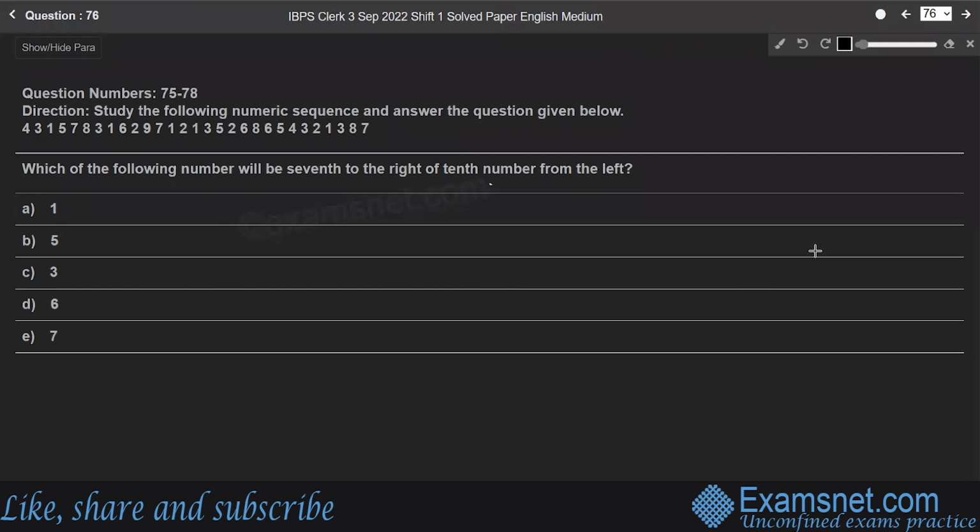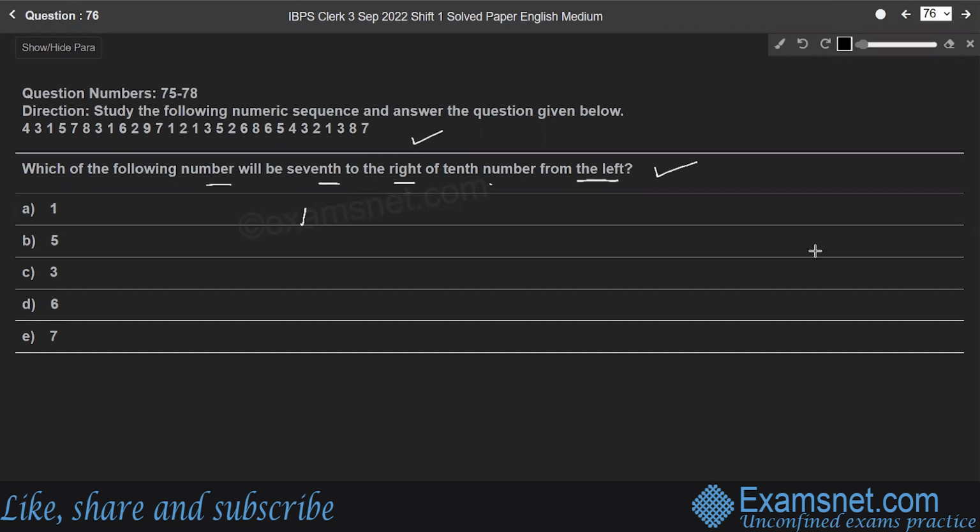Question 76. In the same number series, which of the following numbers will be 7th to the right of the 10th number from the left? Students, here we have to find the 10th number from the left first, right? Then the 7th number to the right of the 10th number.